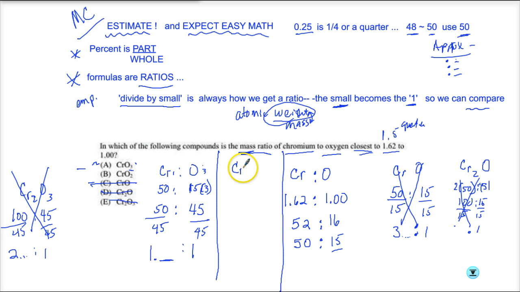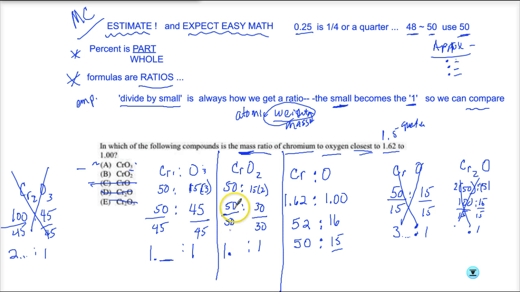CrO2, so chromium is 50, and 2 of the oxygens, each at 15, is going to give me 30. So 30 goes into 50, 1 something.